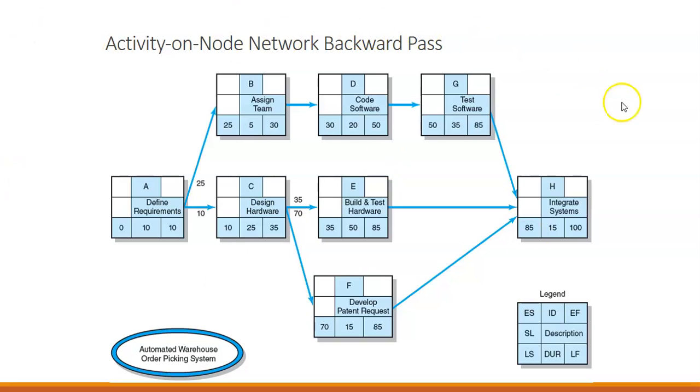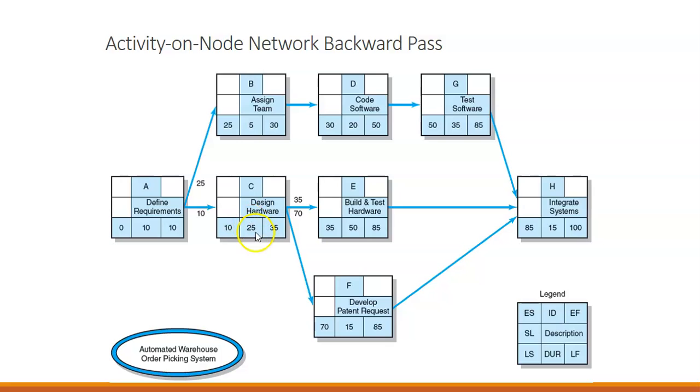So when we're looking at the backward pass, we have our duration, our late start, and our late finish. So if we have a duration of 10 days, our late finish is 10 days. However, here we have 25 days and 10 days.